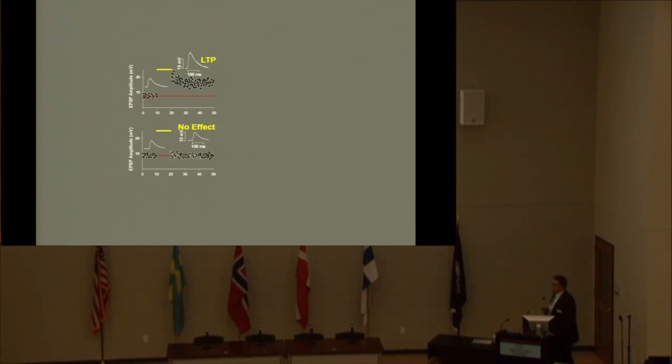But sometimes we do the same experiment on a cell right next to another cell that for all the world we thought was the same cell type. It's in the same layer, it looks the same, it behaves the same electrophysiologically, and we do the same plasticity induction protocol and nothing happens, no effect. Or sometimes just the opposite would happen. The cell would show depression versus potentiation even though we're using the same protocol.